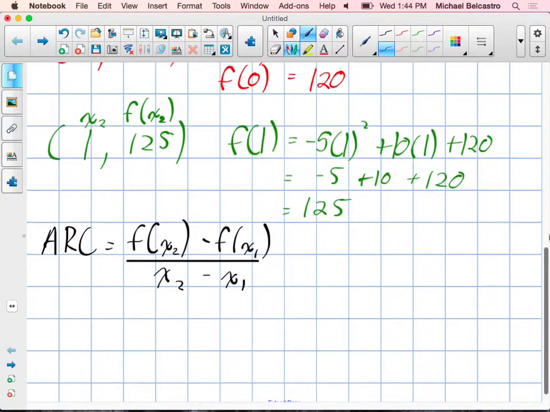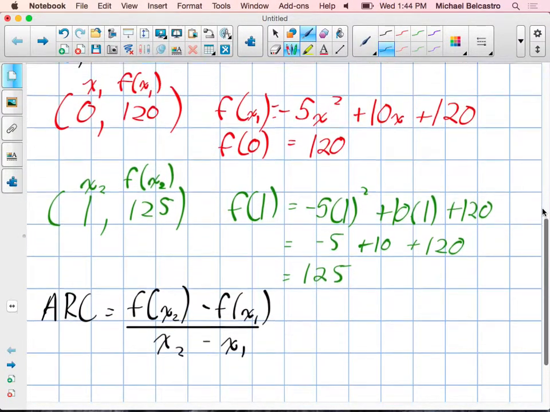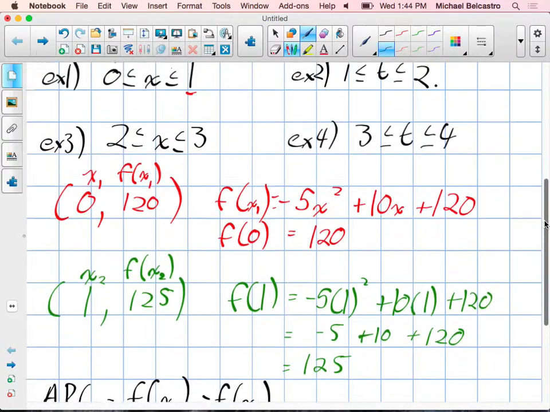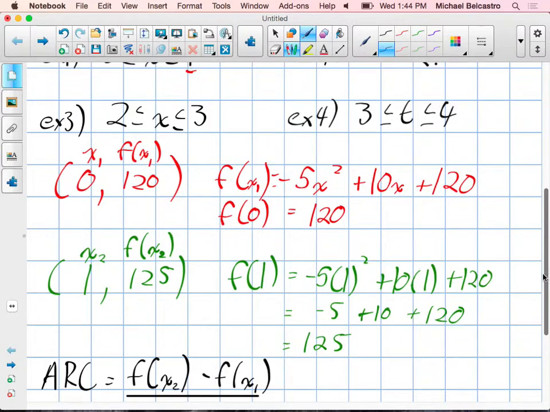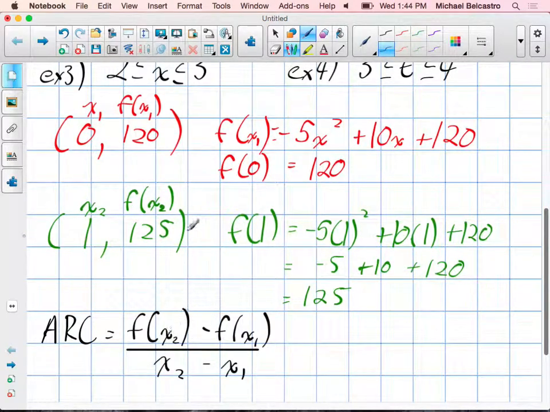So we have our coordinates. Let's scroll up just a little here. Okay, so we'll take our coordinates and we're essentially going to plug them in. So our f at x2 was 125.